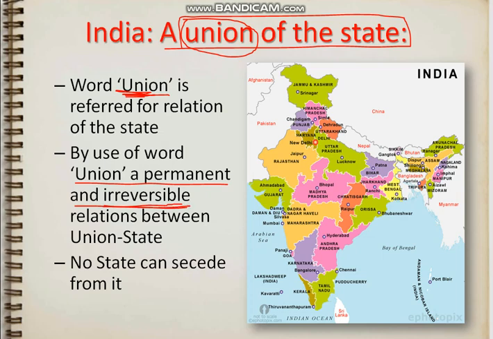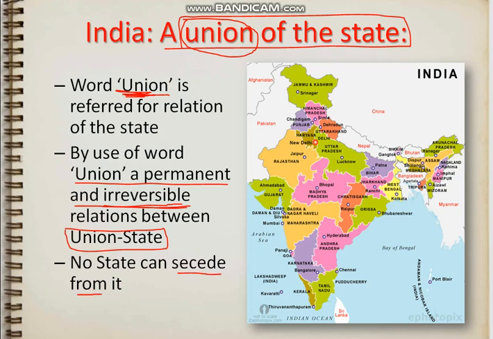A relation between union and the state means union is always higher than the state, and states are part of the union. They cannot separate themselves from the union. This is more important: no state can secede from it.